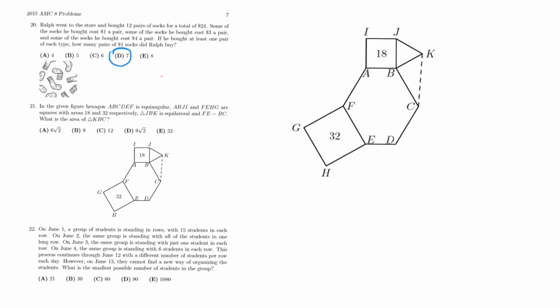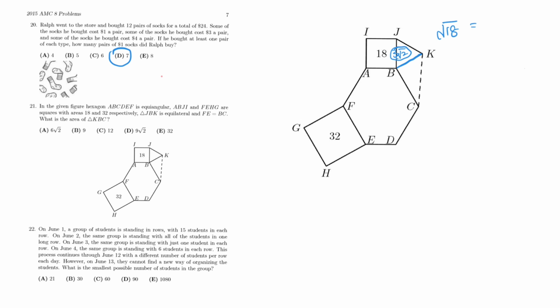ABJI is a square with area 18, so the side length is the square root of 18, that's 3 root 2. JBK is an equilateral triangle, so BK is the same, 3 square root 2.